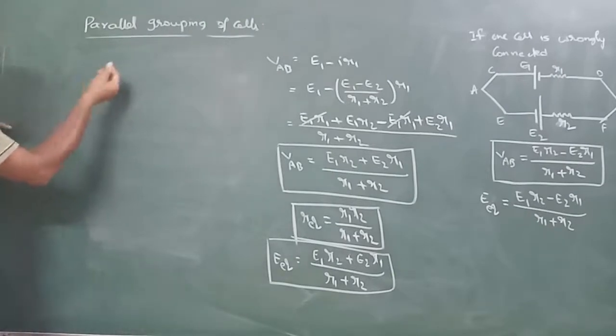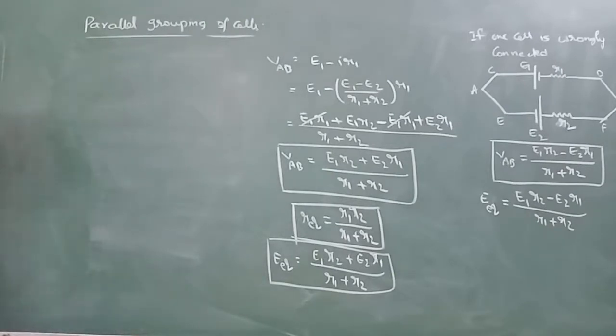Now, let us take n identical cells. Identical cells means their EMF are same and the internal resistance is also same.